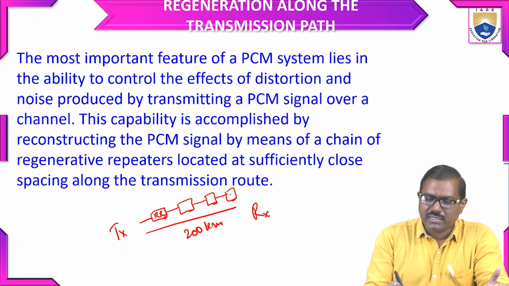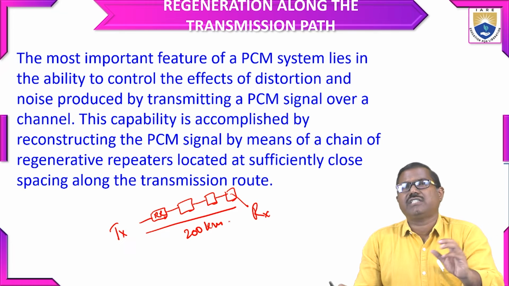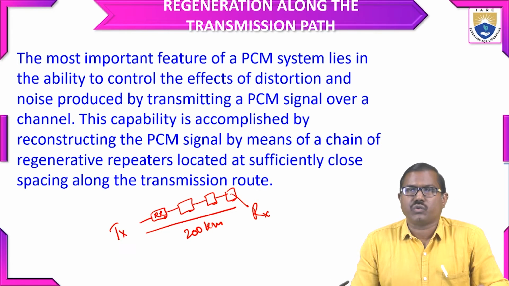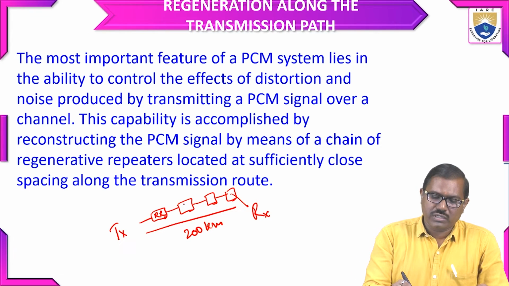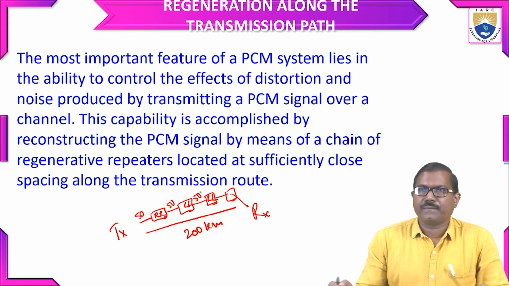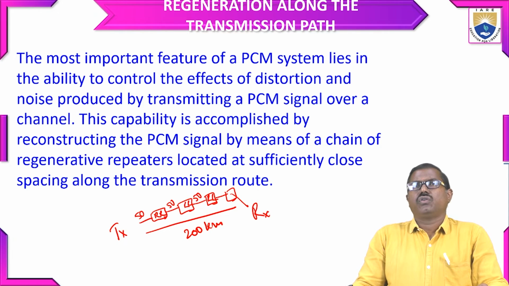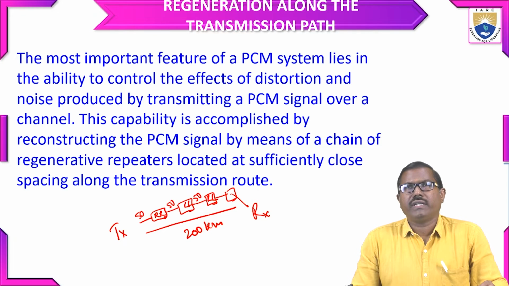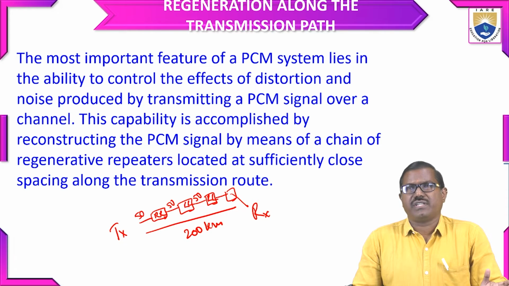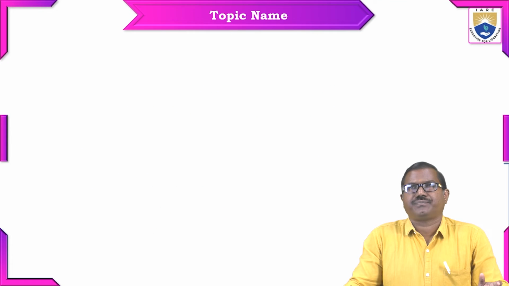The 4th repeater is in the receiver. Why? Because in the receiver, the first block is the regeneration circuit. So this is a regenerative repeater, and this is 50 kilometers, 50, 50. This is the important feature of the PCM system, the regenerative repeater.